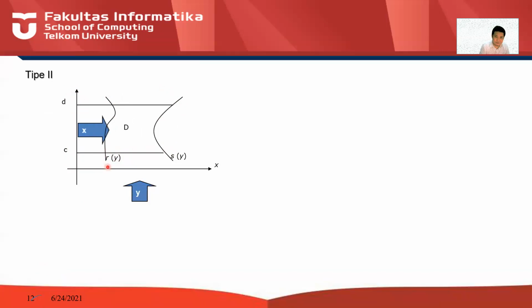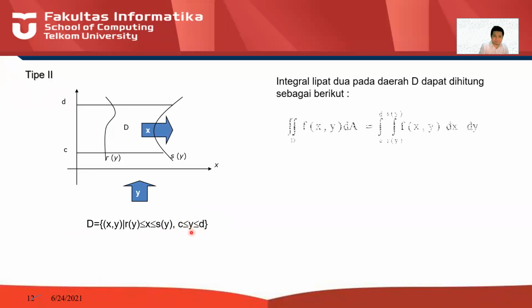Remember this one. See, this is how we write down the domain itself. D is this one, and C is this one.